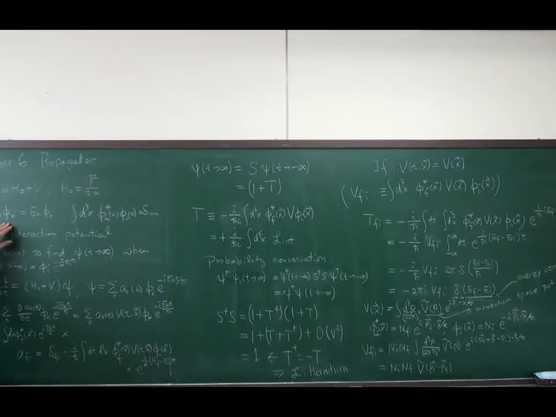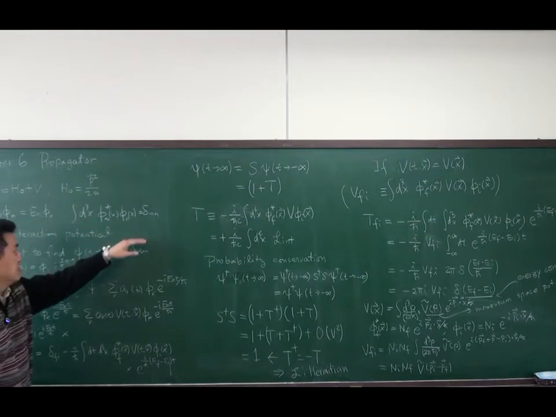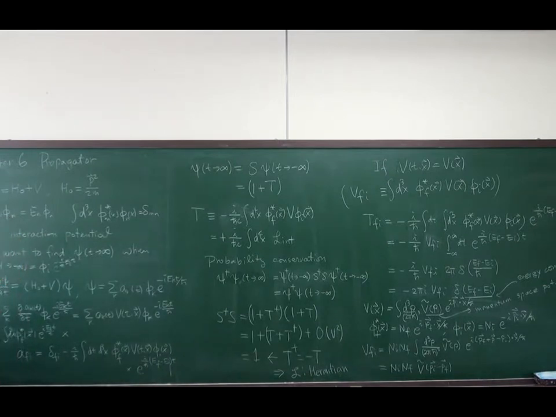So let us assume phi n is the eigenstate with the energy En, and its normalization is delta mn. And here V is the interaction potential. So we want to find the final state wave function at t goes to infinity when the initial state wave function is prepared to be a monochromatic state with the energy Ei.